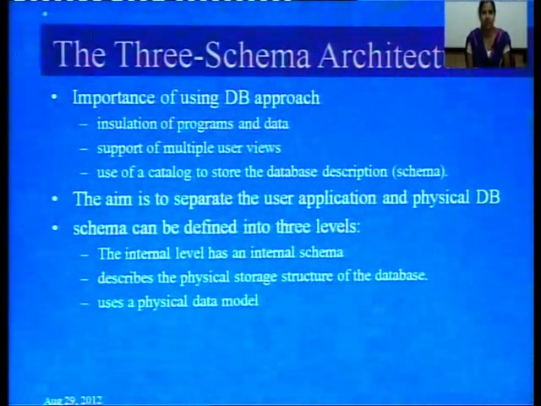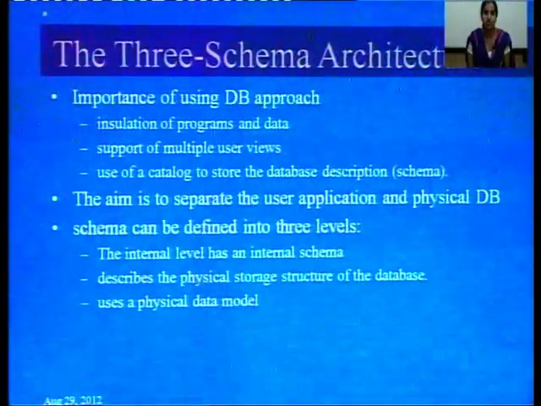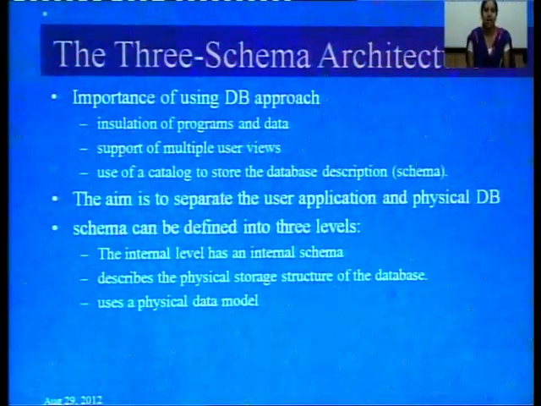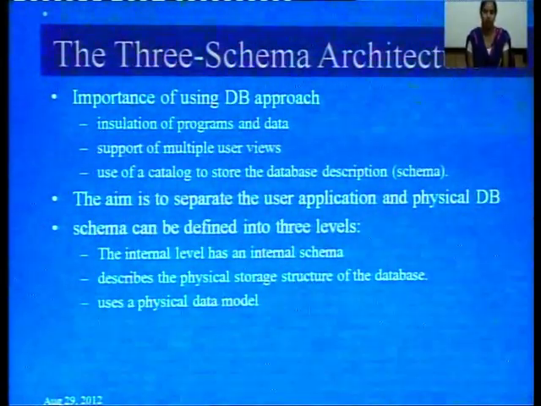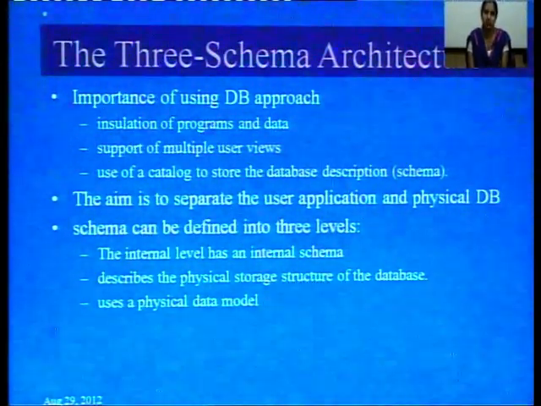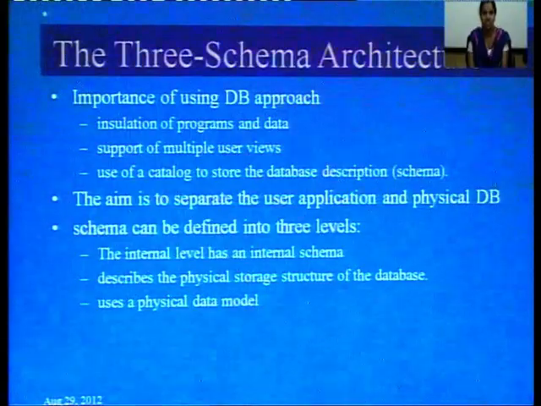Schema can be defined at 3 levels, as we already discussed. The internal level, or internal schema, describes the physical storage structure of the database and uses the physical data model. It describes how data is stored in the database, how indexing is done, and how optimal space utilization is done.